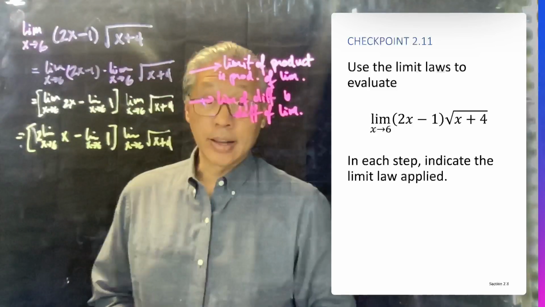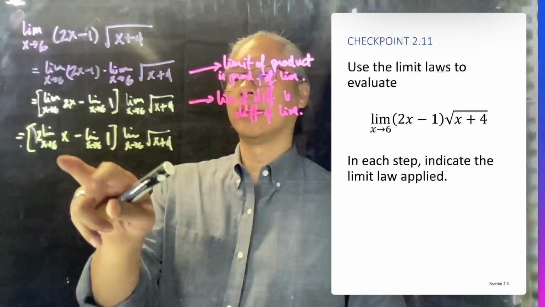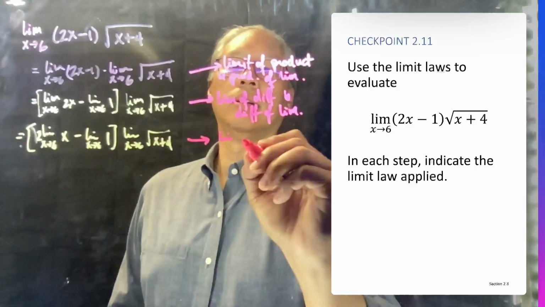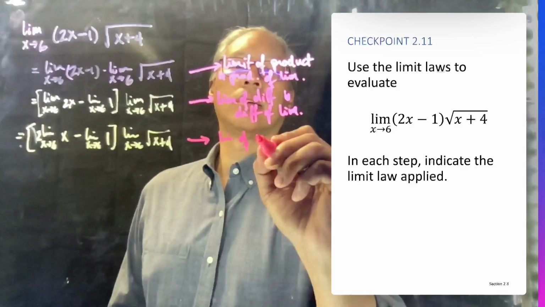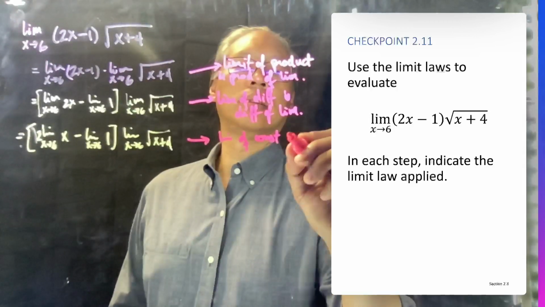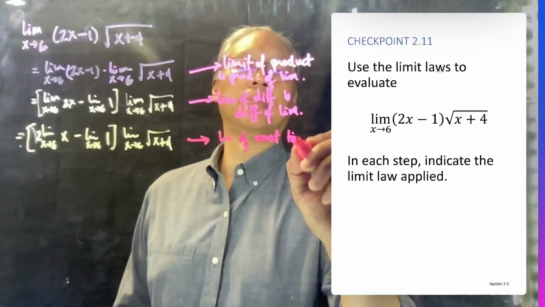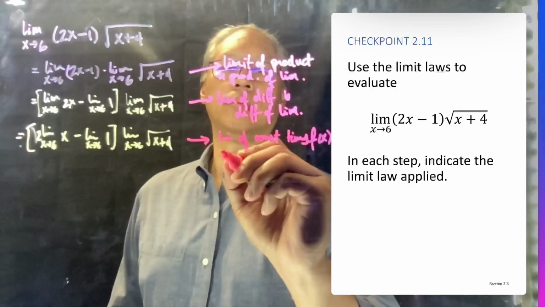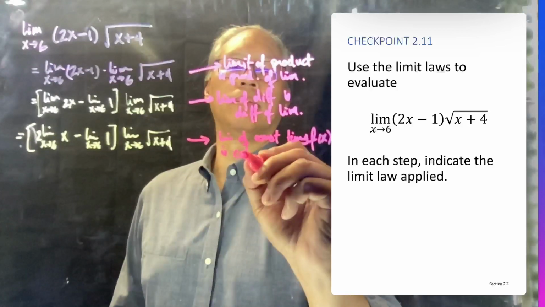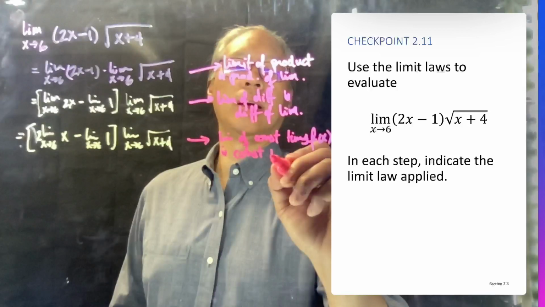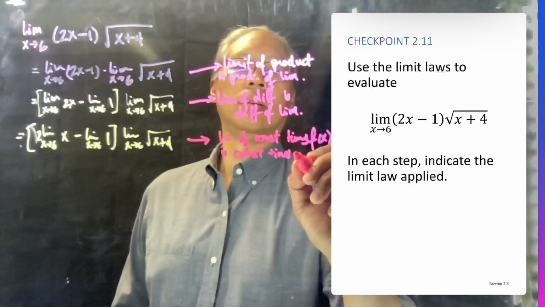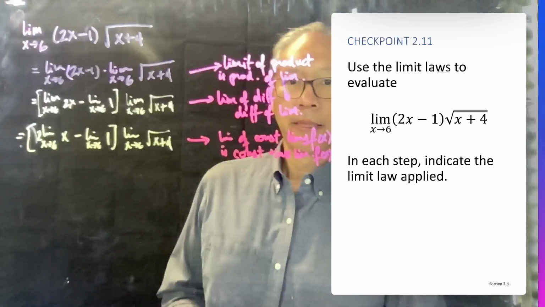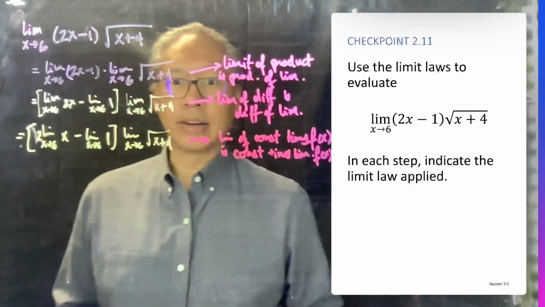And then we can say that in this case, this is the limit of a constant times the function is the constant times the limit of the function. Okay, taking the constant out.